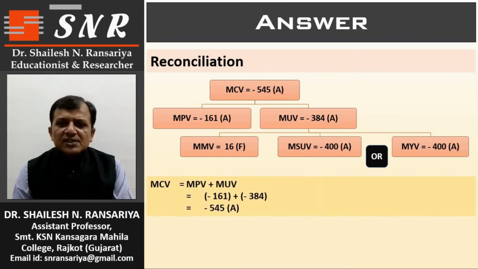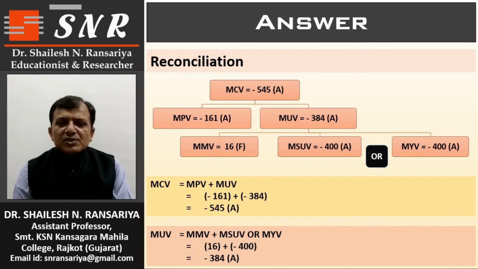Now see the reconciliation. MCV is equal to MPV plus MUV, minus 161 plus minus 384. So it is minus 545 adverse. And MUV is equal to MMV plus MSUV, or MYV. So it is 16 plus 400 adverse. So the variance is 384.